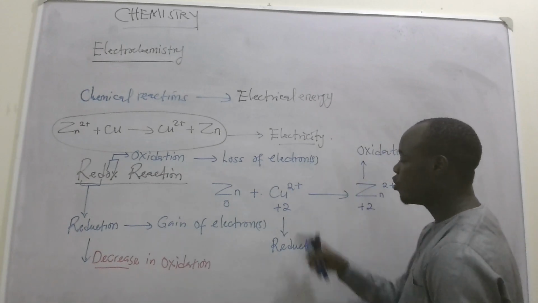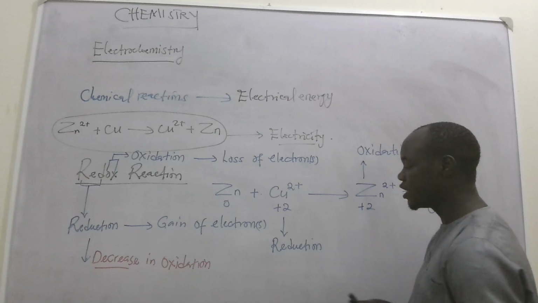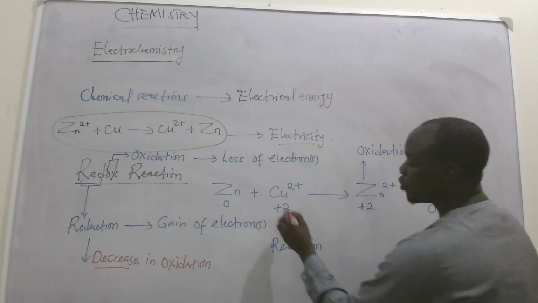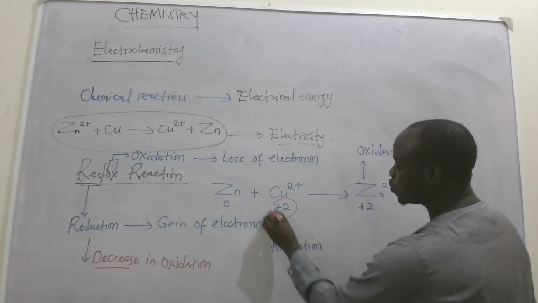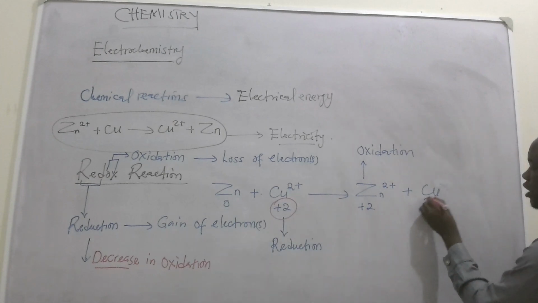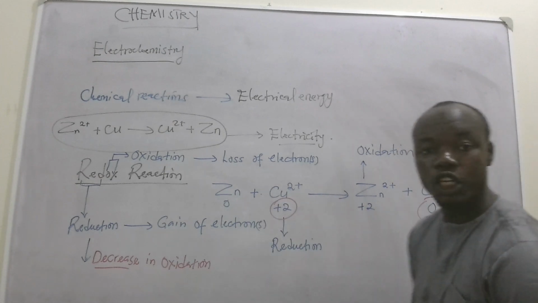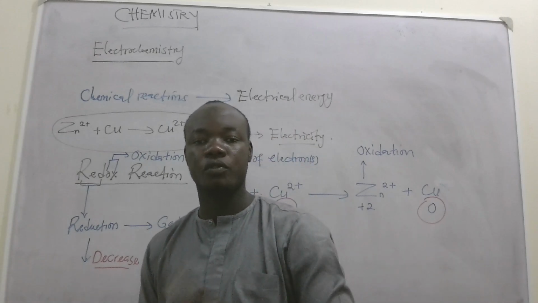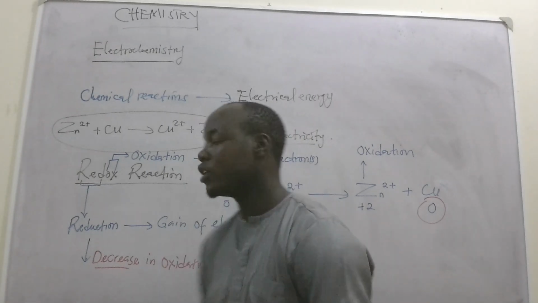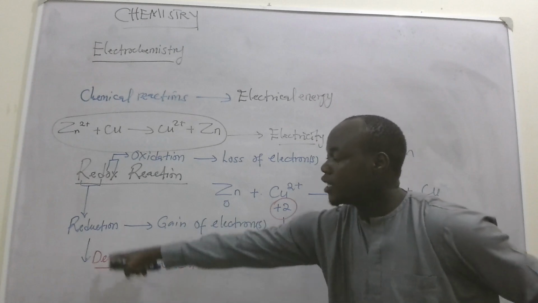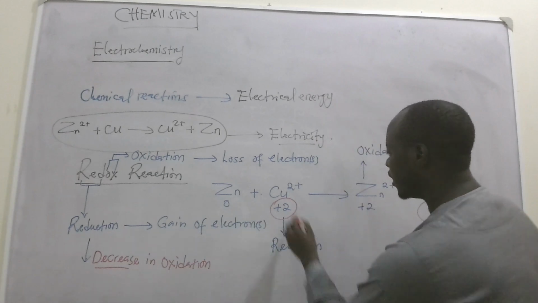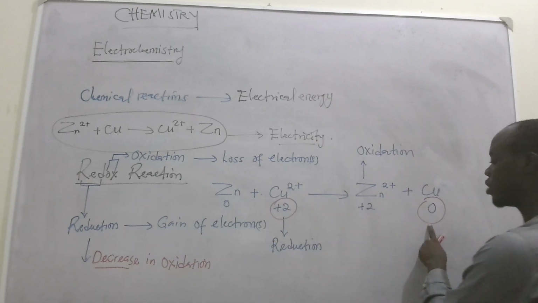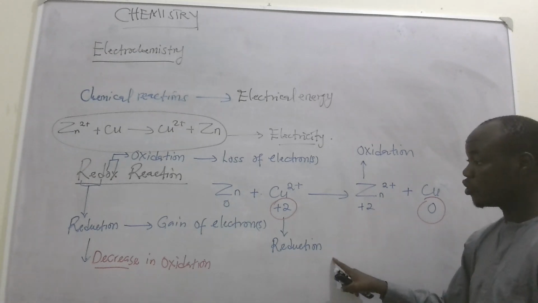Let's look at whether from here to here there is a decrease in oxidation number. Here the oxidation number is +2, and then here it is 0. So the oxidation number decreases from +2 to 0, indicating a decrease in oxidation number. And that is why we said copper from here to here undergoes reduction.